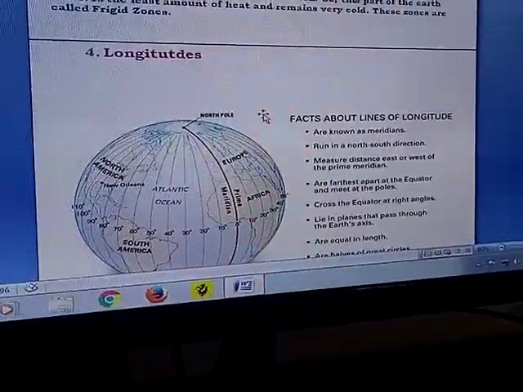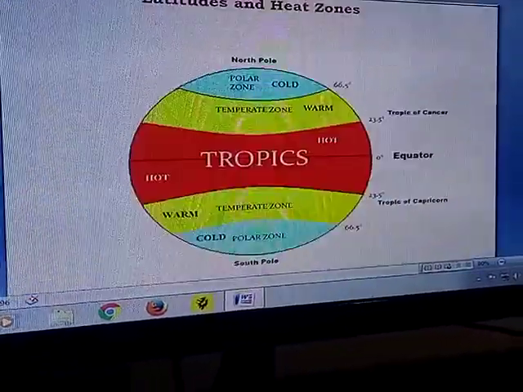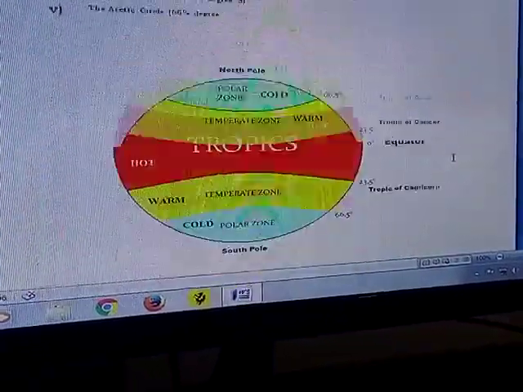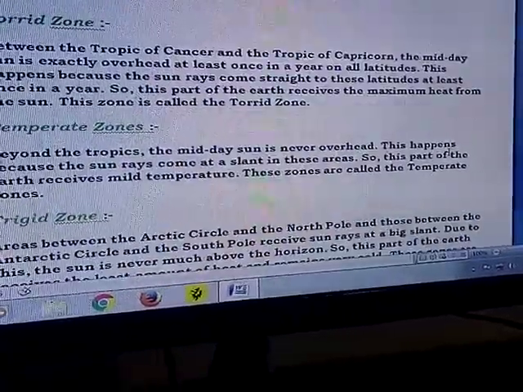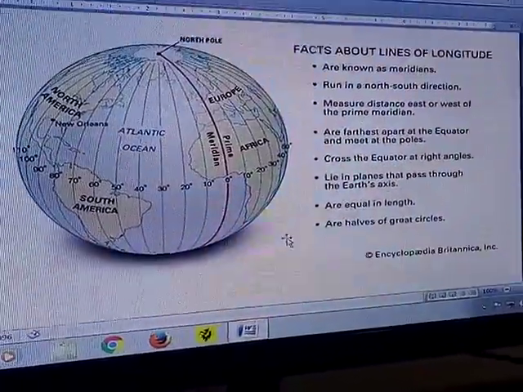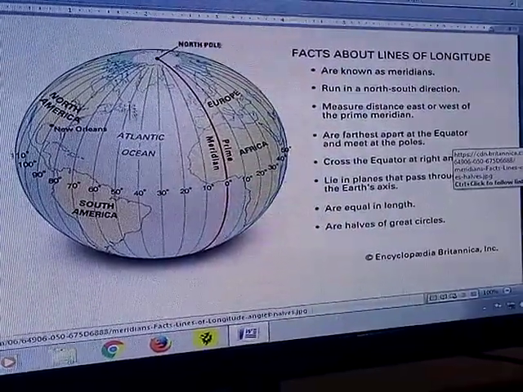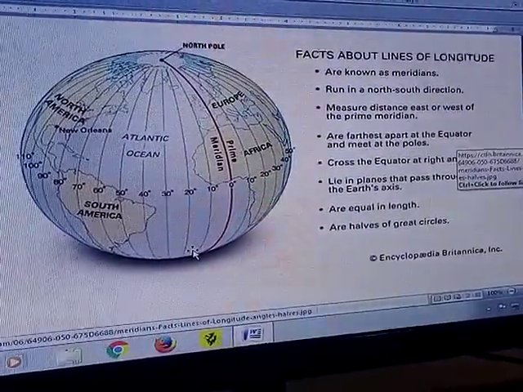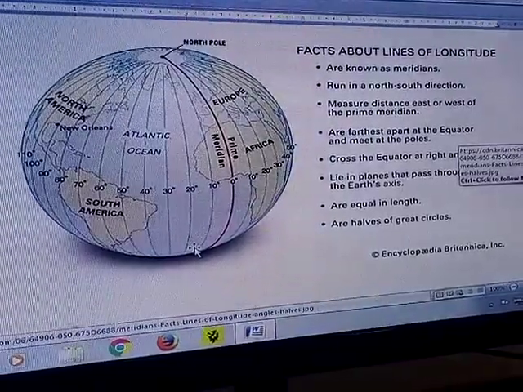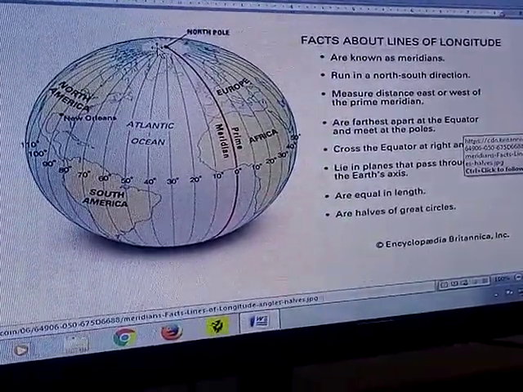Longitudes. Obviously, what are longitudes? Longitudes are imaginary lines that pass from the North Pole to the South Pole.